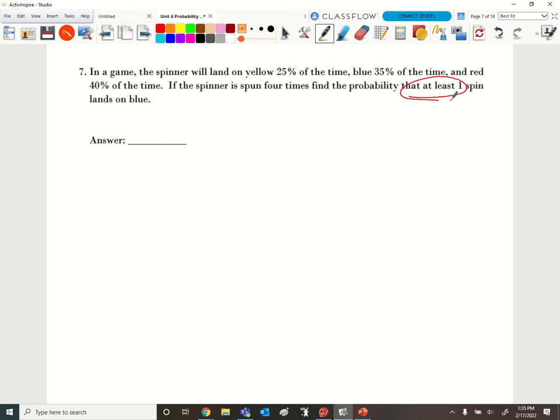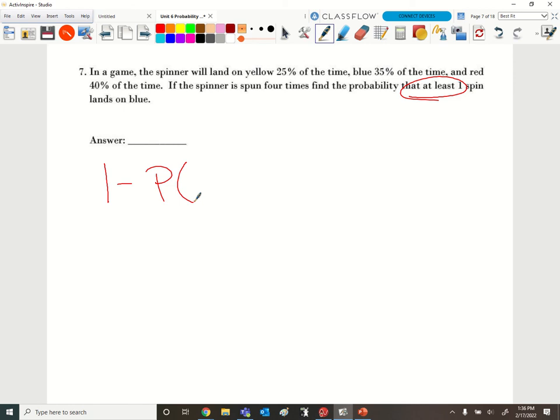At least one is my keyword. What does that mean? So what do I start with if it's an at least one? 1 minus the probability. But when I do this, which probability am I looking for?